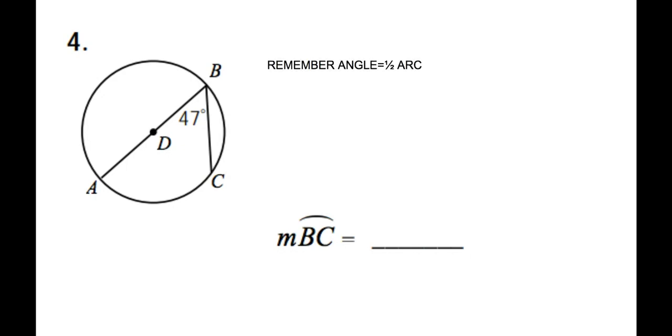Angle equals 1/2 arc. Now, is 47 referring to the angle or to the arc? It's referring to the angle, so we have 47 equals 1/2 arc. Now, how do I move the 1/2 to the other side? Multiply it by 2. So we have 94. Okay, 3 problems left.